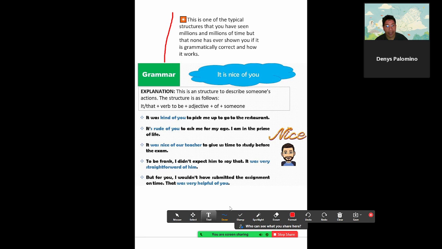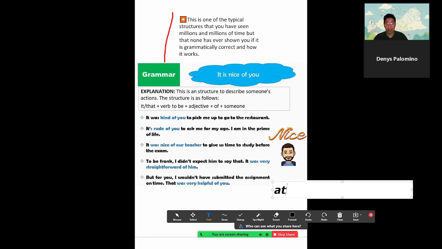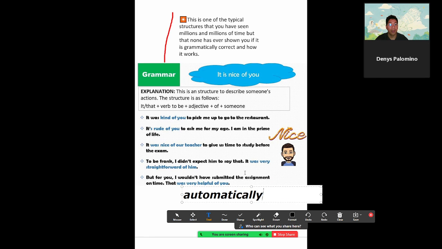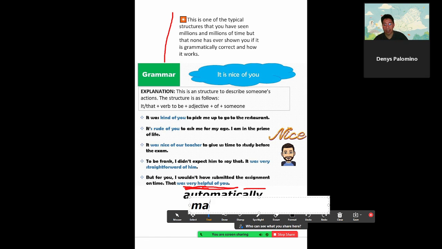Por ejemplo, ¿cómo dirías automáticamente? Automatically. El A ya no dice, sino di automatically. ¿Cómo dirías mágicamente?